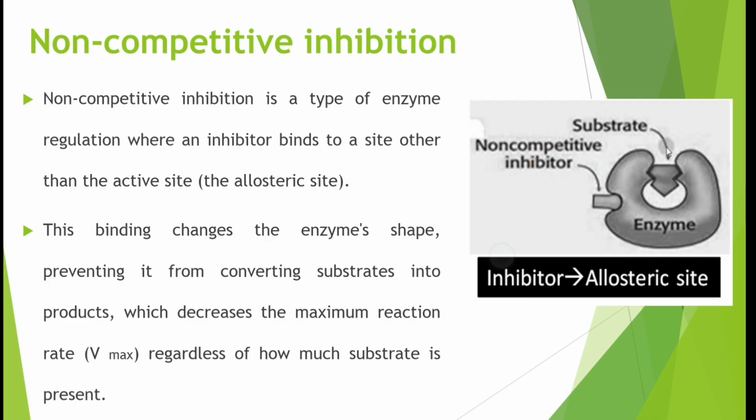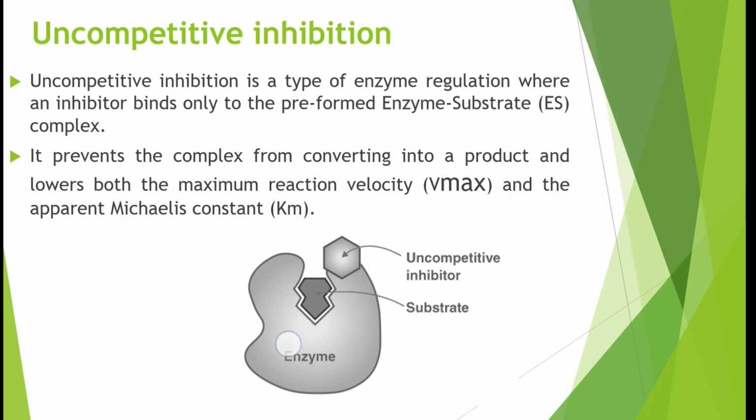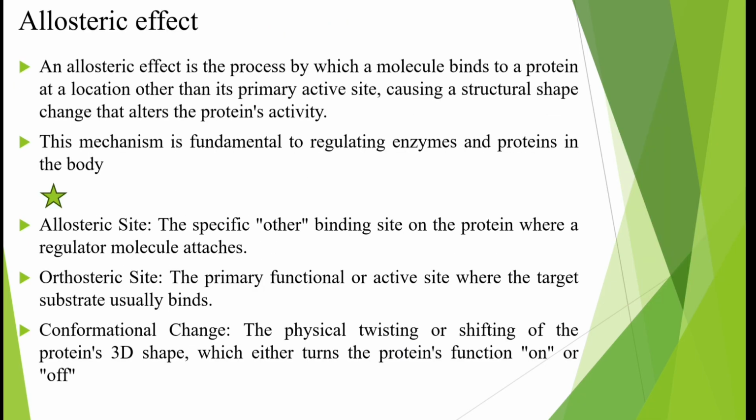Okay, next, what is the allosteric effect? The allosteric effect is the process by which a molecule binds to an enzyme at a location other than the primary active site, causing a structural shape change that alters the protein's activity. This mechanism is fundamental in regulating enzymes and proteins inside our body.